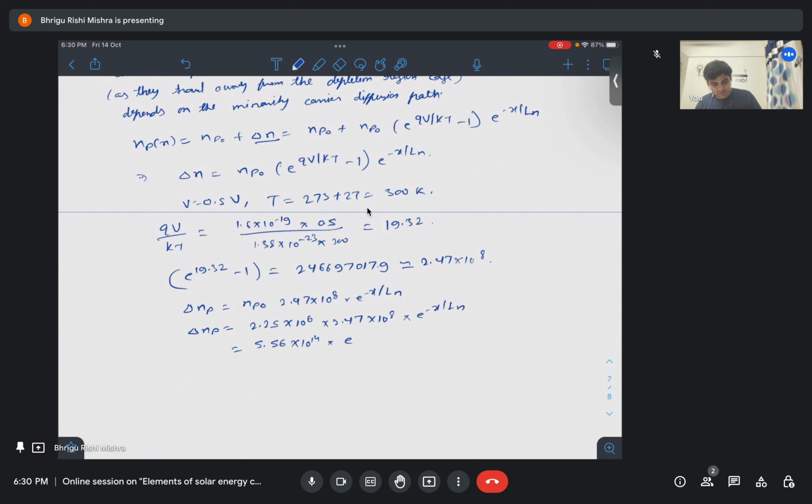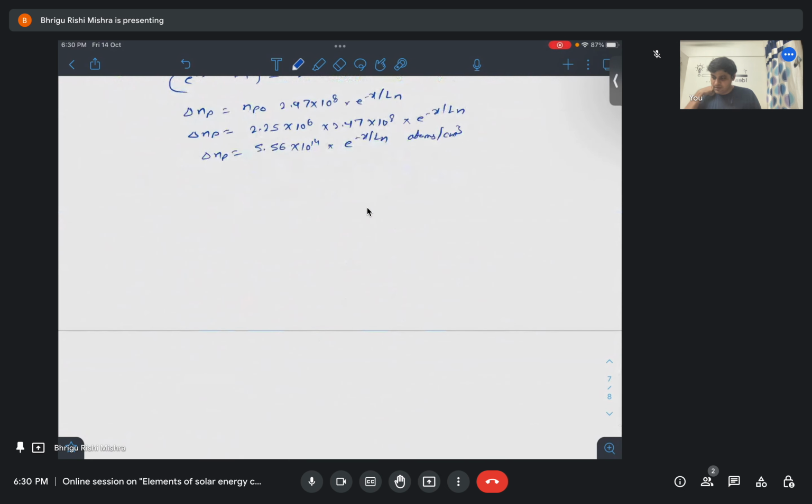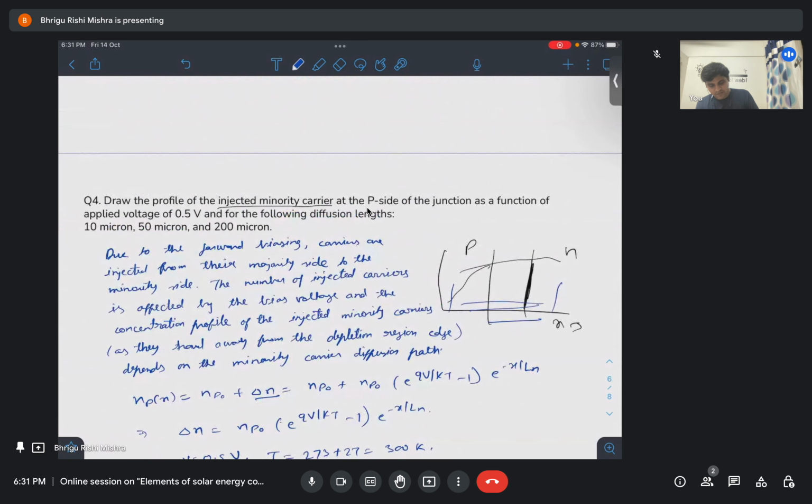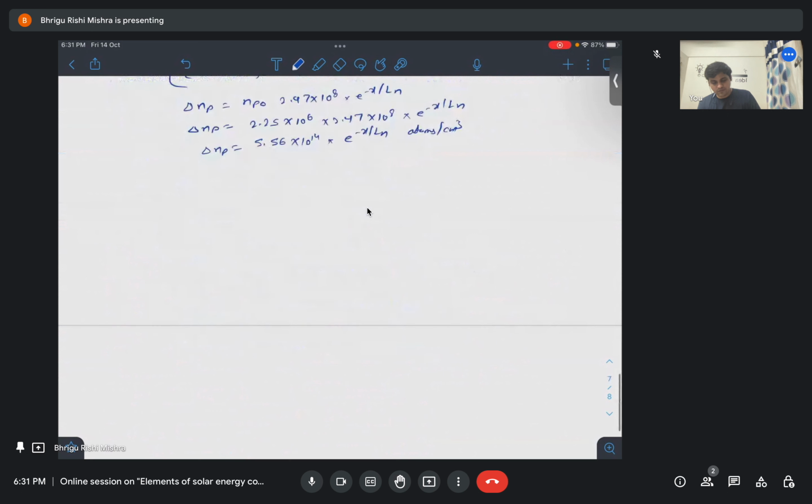into e to the power minus x by Ln, and the units will be atoms per centimeter cube since this is the concentration. So we have to plot for 10 micron, 50 micron and 200 micron. Let's calculate the values for 10 micron.